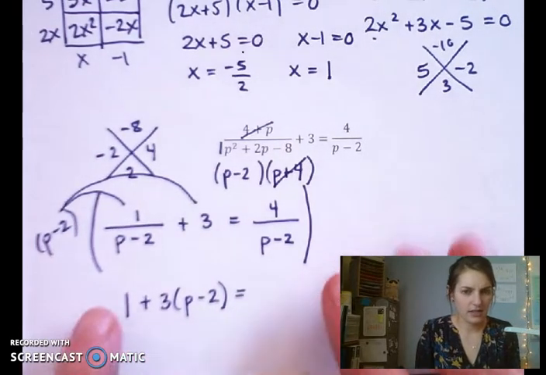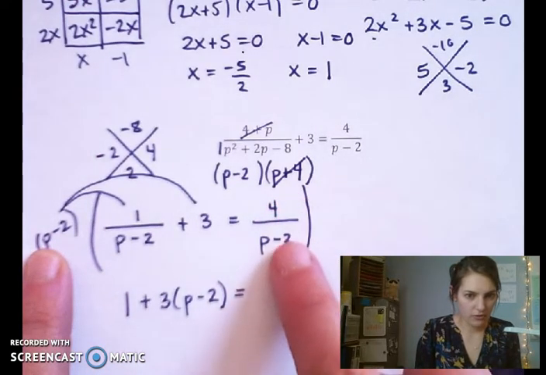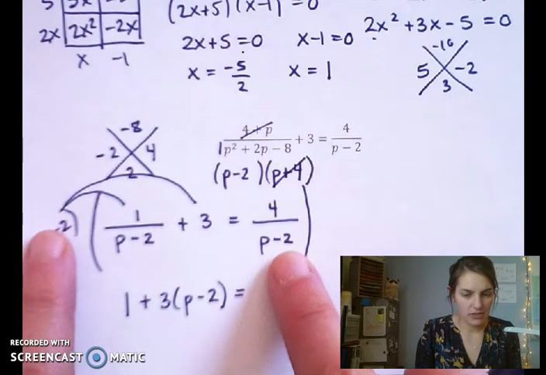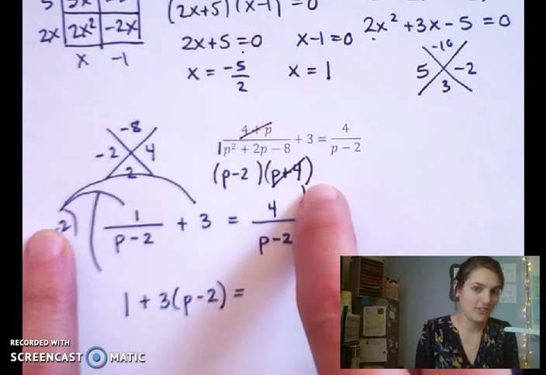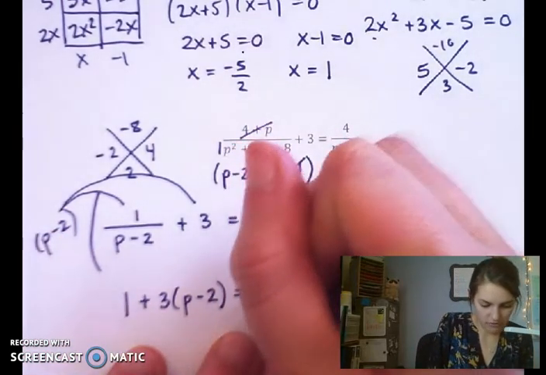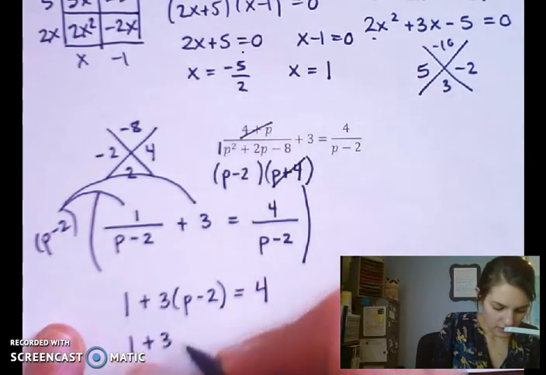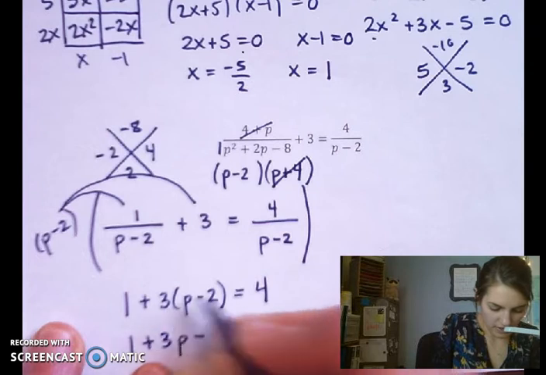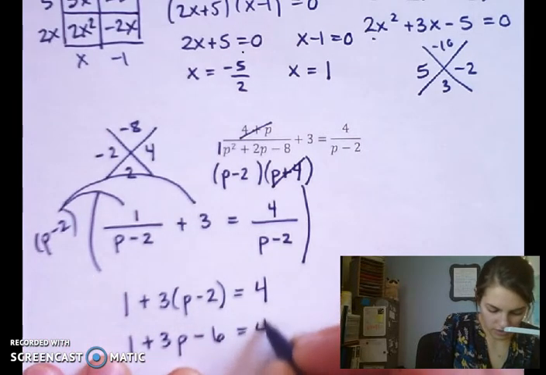So here again, if I multiply p minus 2 times 4 over p minus 2, the p minus 2 that's getting added as a factor to the top will cancel out that, and so I'm just going to end up with 4. And then we use the distributive property to simplify this, rewriting it as 3p minus 6 equals 4.